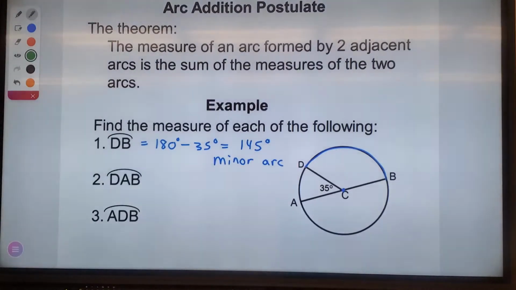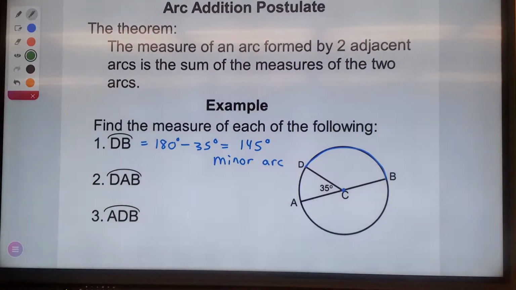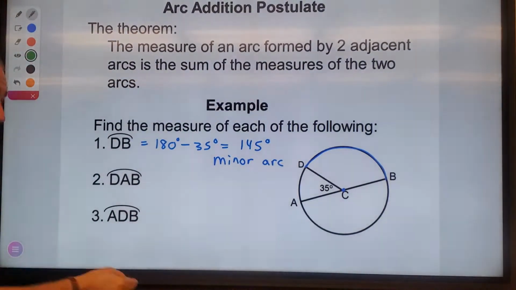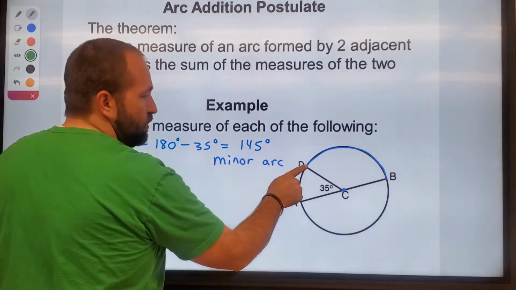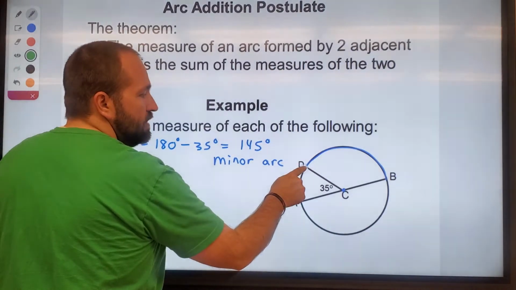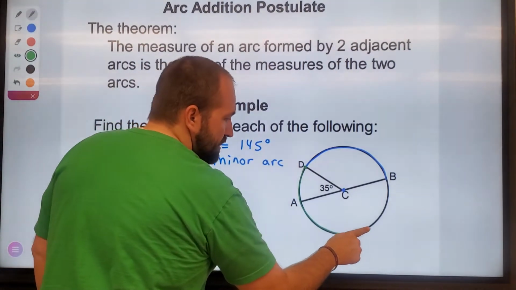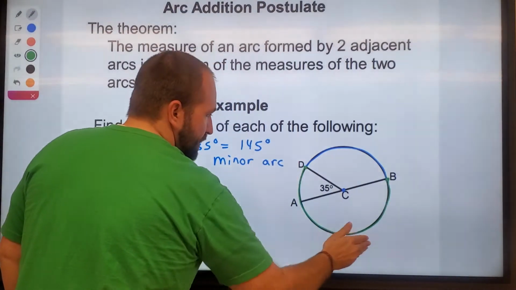Now, DAB. We have three letters, and it has to go through that process. You cannot go from D to B, around to A, and then back to B. It has to be in a connecting, fluid movement. So I have to go from D to A and continue on to B. I want this entire section here.